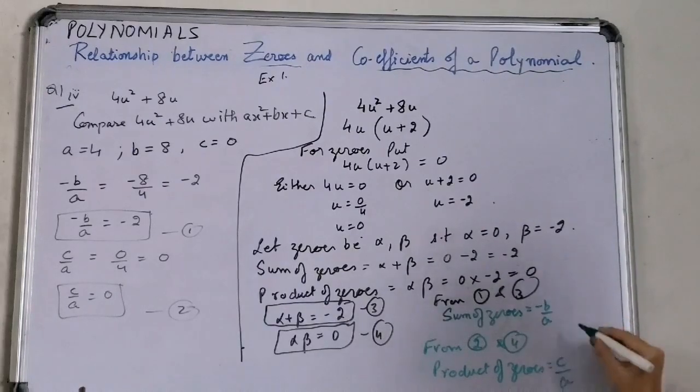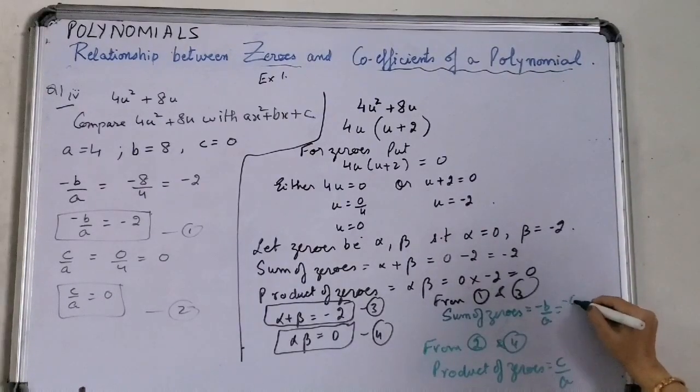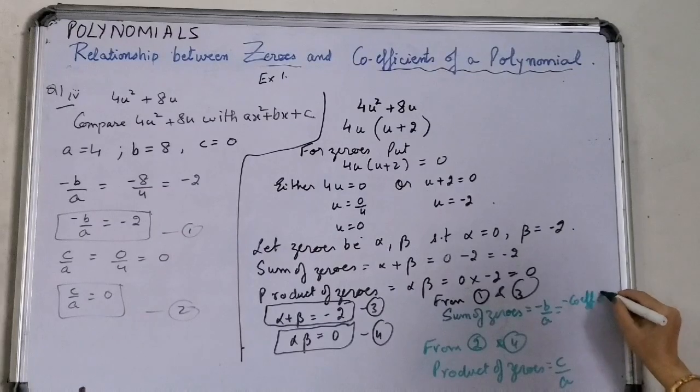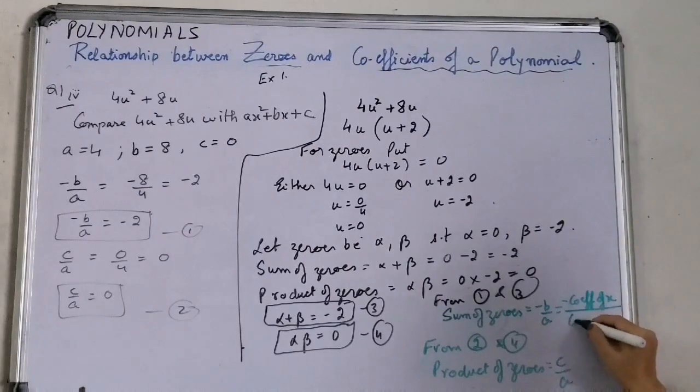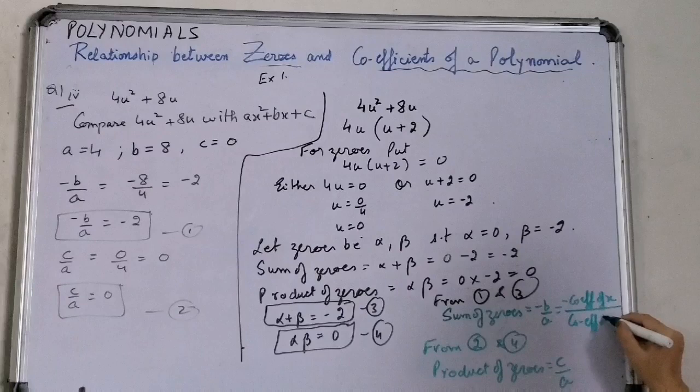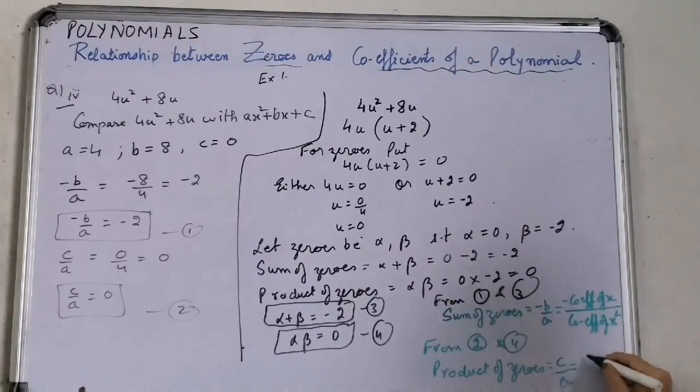This means minus coefficient of x upon coefficient of x squared, and here it means constant term upon coefficient of x squared.